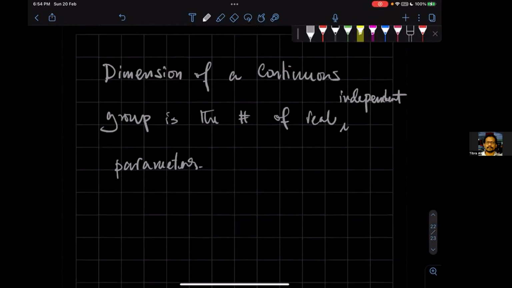So we can say that the dimension of O3 is 3, which is 9 minus 6.